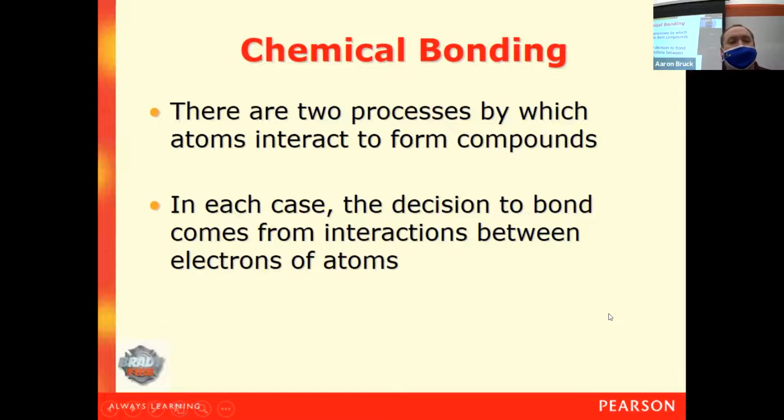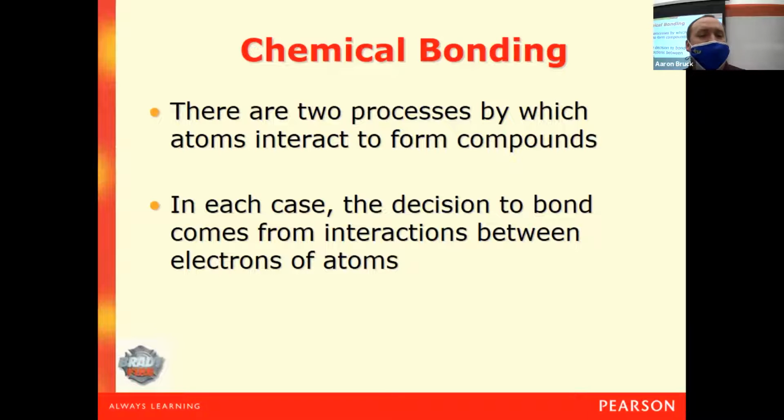But the real topic for today that we want to get into is about chemical bonds. When it comes to chemical bonding, there are really two primary processes that atoms can use to create compounds. So if we're going from individual atoms of elements to an overall compound, there are two primary ways that that can happen.